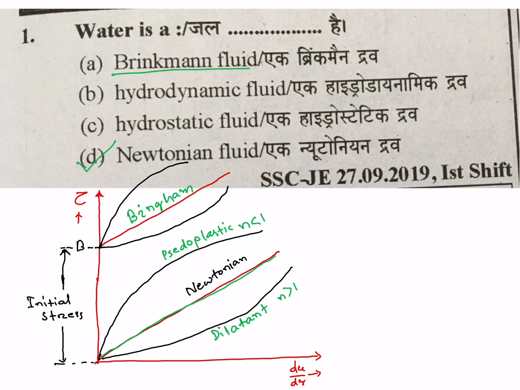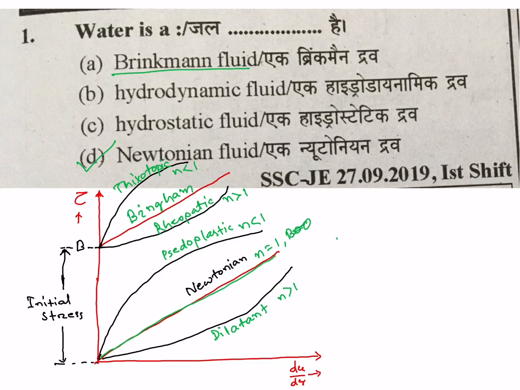Then thixotropic and rheopectic. N is greater than 1 for rheopectic and for thixotropic n is less than 1. And for Newtonian fluid, n is equal to 1, B equal to 0.